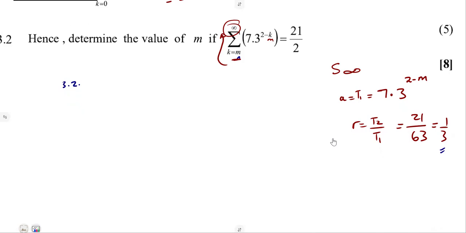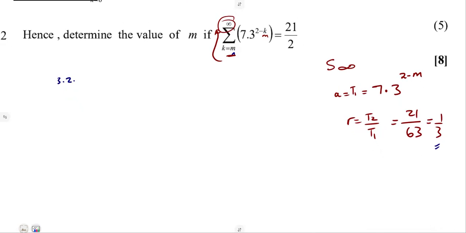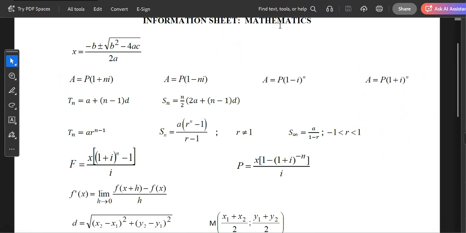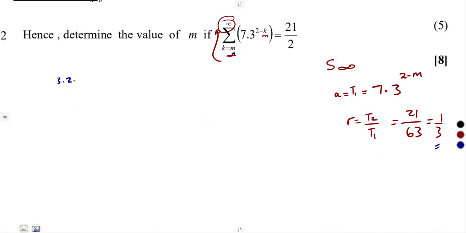So what is the sum to infinity as a formula that we are used to? It's A over 1 minus R. This is our formula. So we are going to use that formula since we are dealing with a sum to infinity.